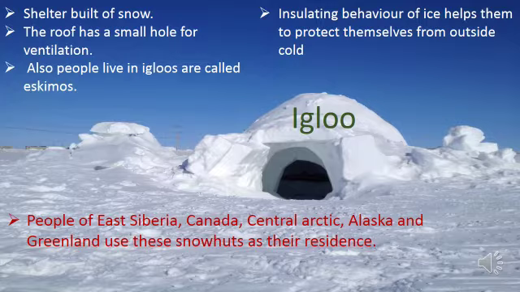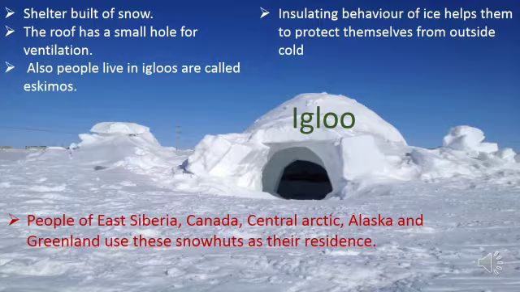So, concluding, what is an igloo? An igloo is a dome-shaped building made up of blocks of ice. These igloos are very warm inside due to the insulating behavior of ice. What do you mean by the insulating behavior of ice? Insulating behavior means that ice does not allow the cold to pass through it.